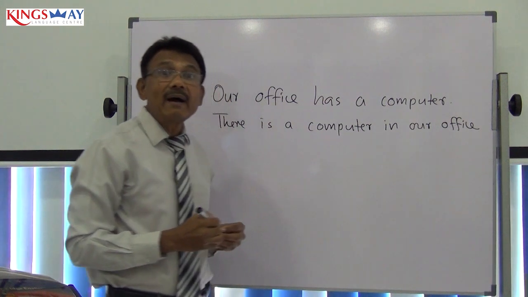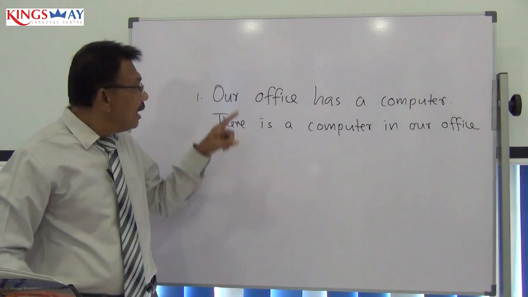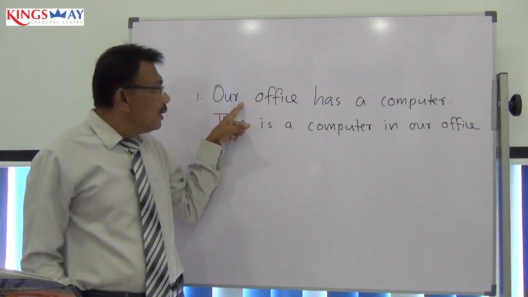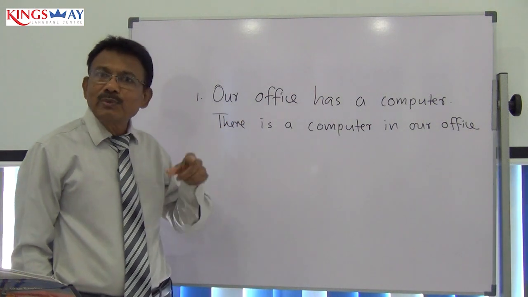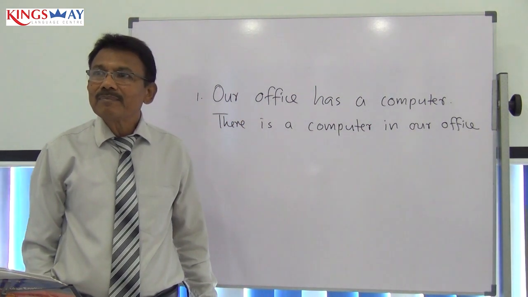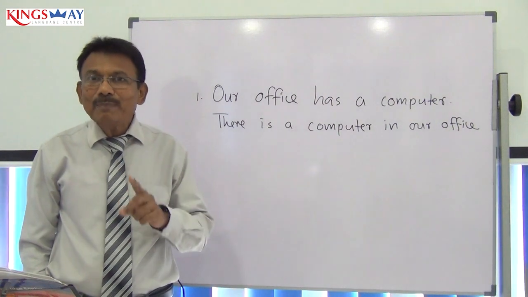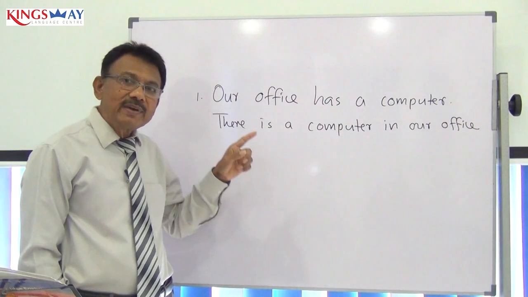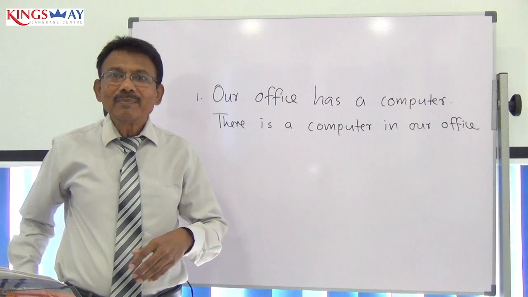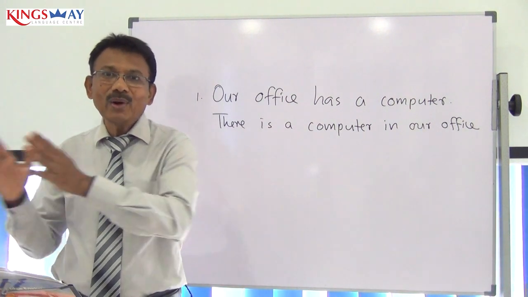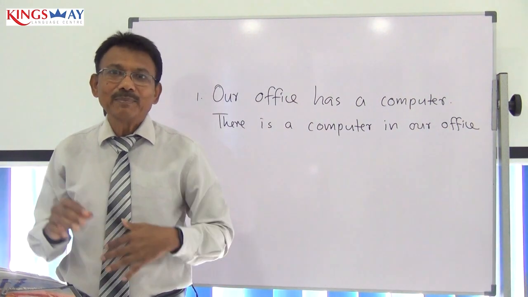Now look at this carefully, right? Don't both the sentences give you the same meaning? Our office has a computer means you have a computer in your office on the table.